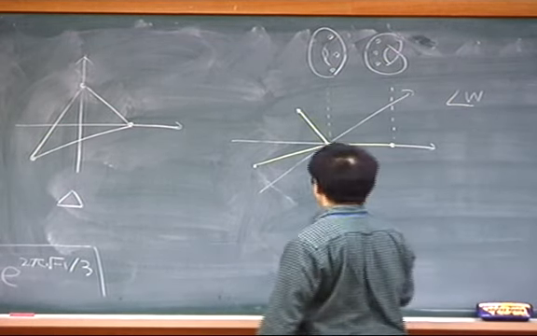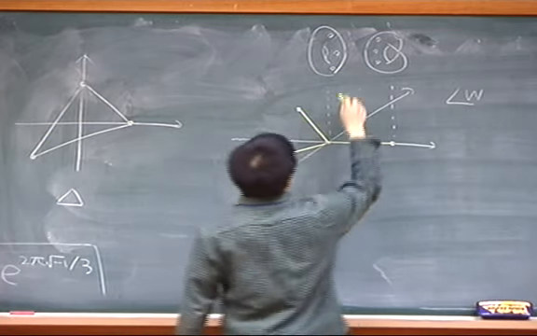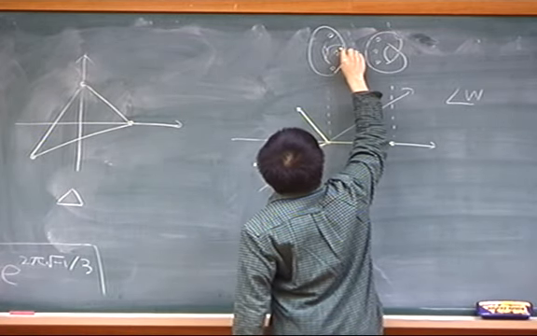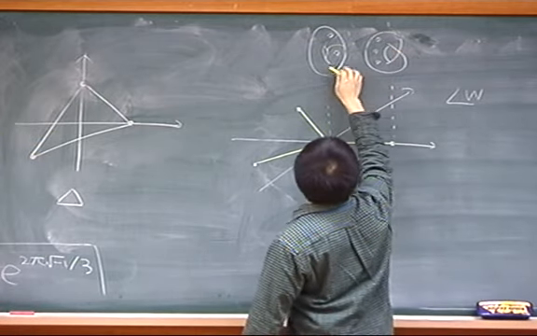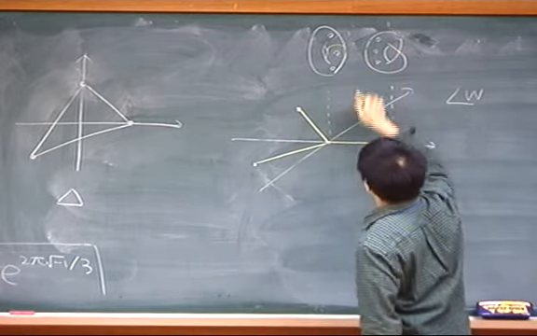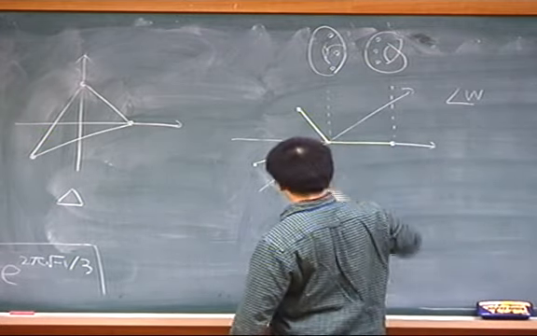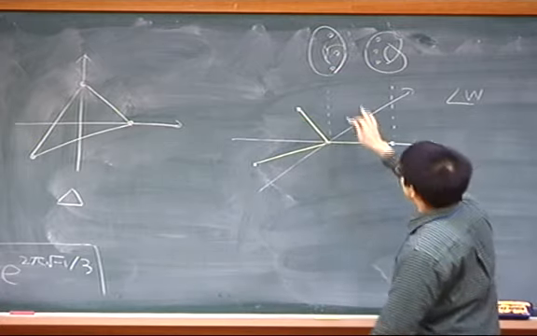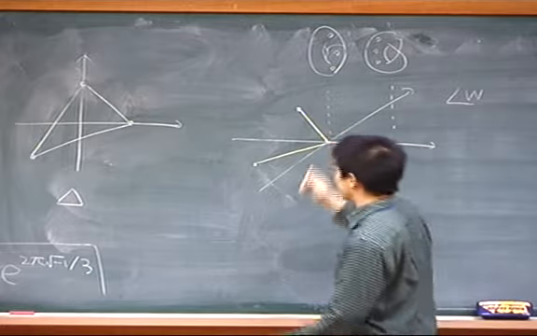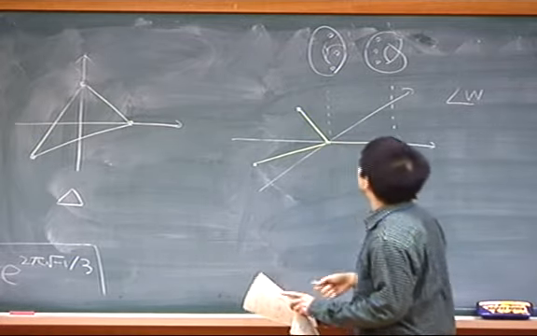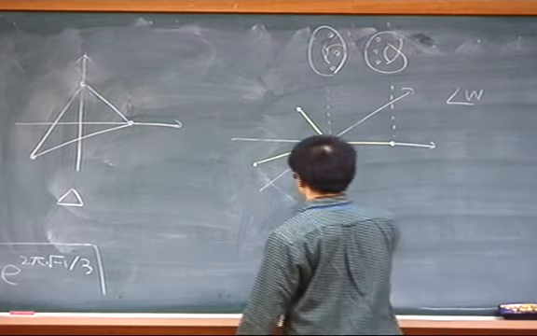And the vanishing cycle is a cycle, which has also appeared in a previous talk, which vanishes along the path. In this case, the fiber is complex one-dimensional, and the vanishing cycle is a circle on a fiber.